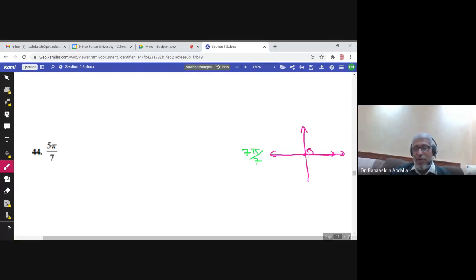So 5 pi over 7 would be somewhere here. It is less than 7 pi over 7. So this is the angle theta, and this would be the angle theta prime. So how to find theta prime? It is 7 pi over 7 minus 5 pi over 7. So it is 2 pi over 7.